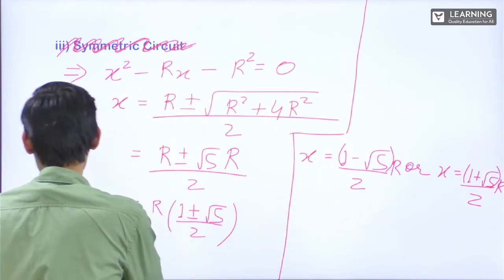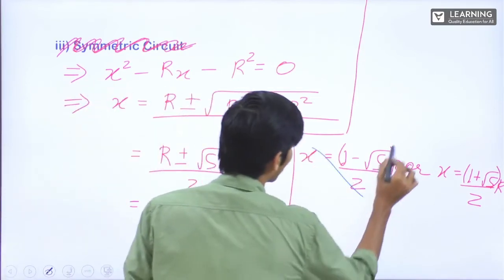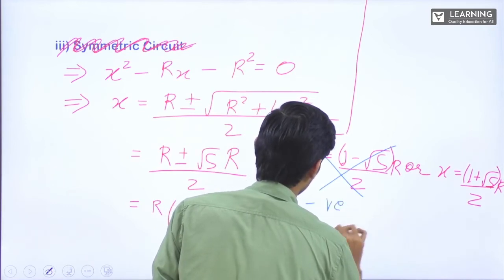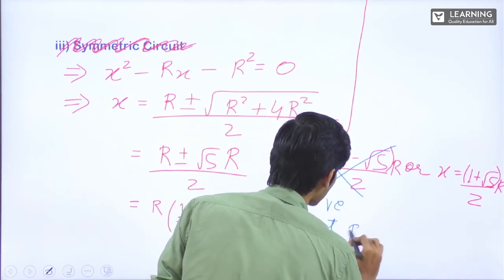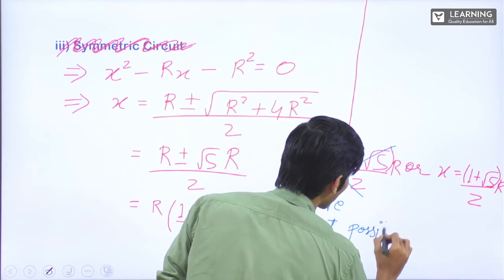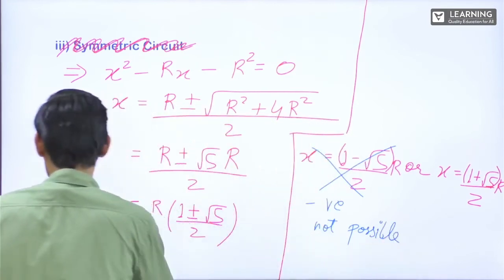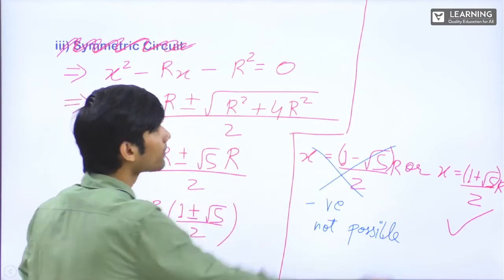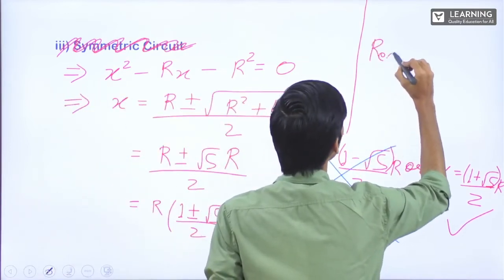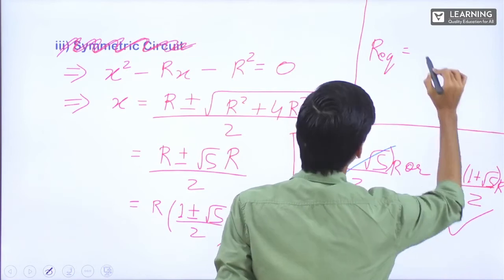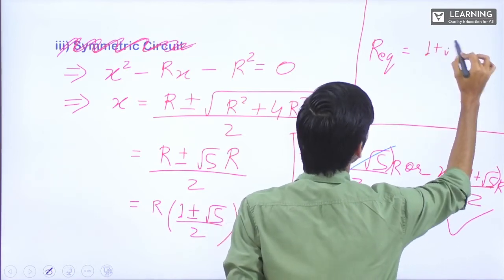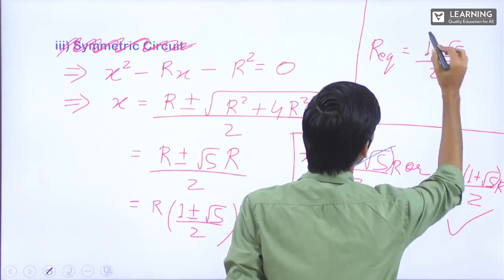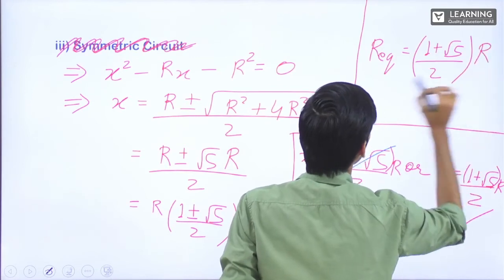This is not possible. Resistance cannot be negative, right? So resistance can be positive. So R equivalent will be 1 plus root 5 by 2 into R.